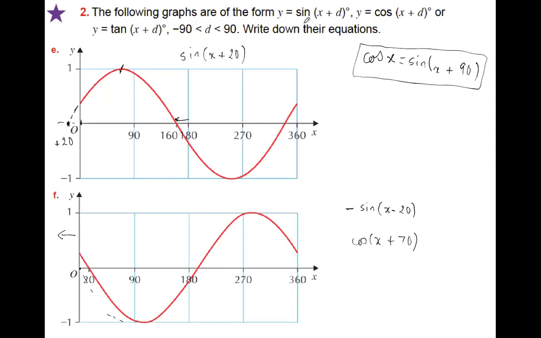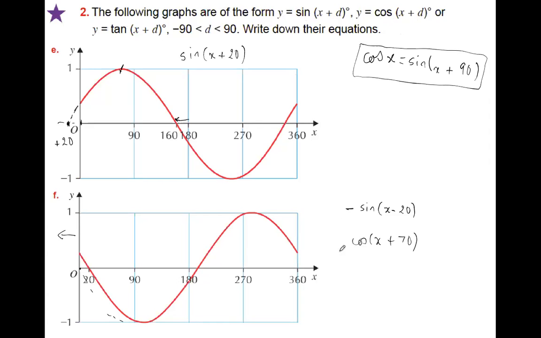They wouldn't put this kind of question in an exam by telling you it could be in the form of sine or in the form of cos. They would ask you to write the following graph in this form, y equals sine x plus d, or write it in the other form, cos x plus d.